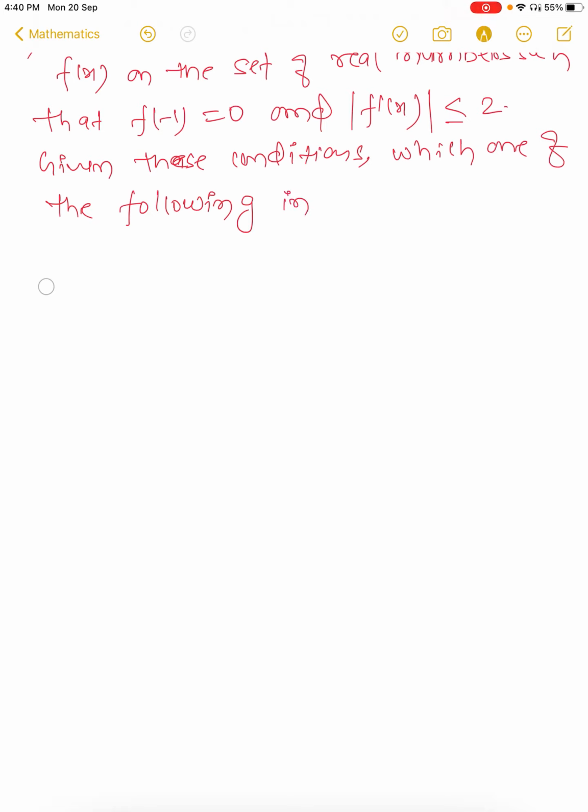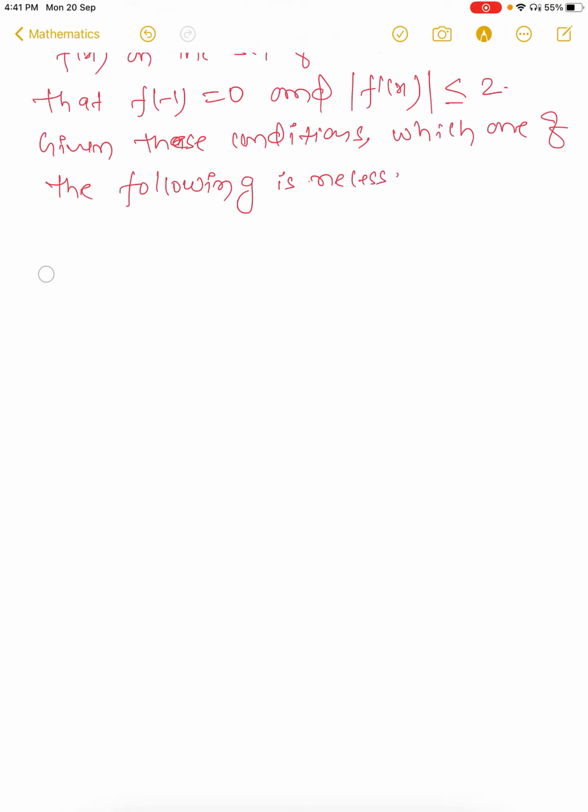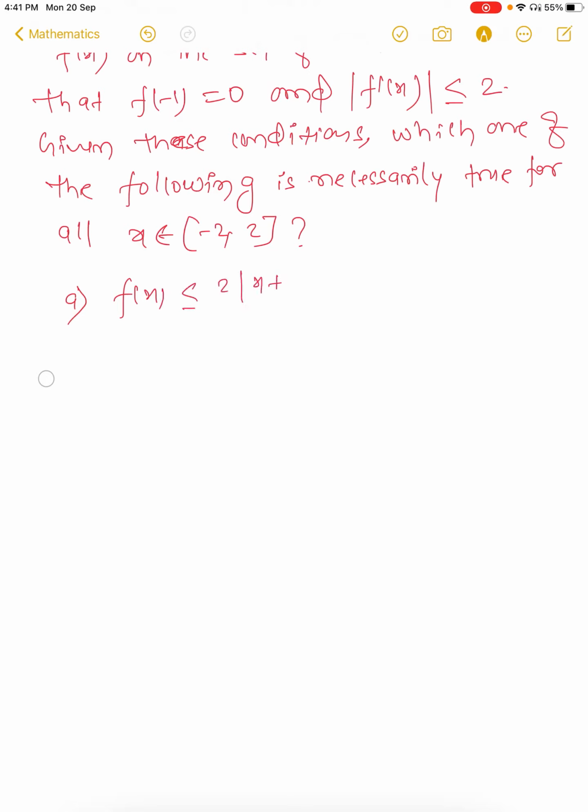for all x in minus 2 to 2? Option A, f(x) less than or equal to 2 mod x plus 1.